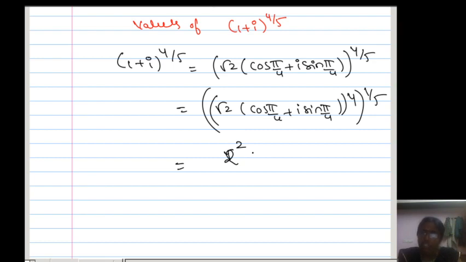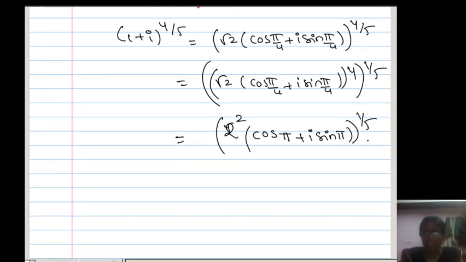Next, cos pi by 4, applying De Moivre's theorem: cos pi by 4 into 4, so you can write cos pi plus i sin pi, power 1 by 5. 2 square, you are getting what?